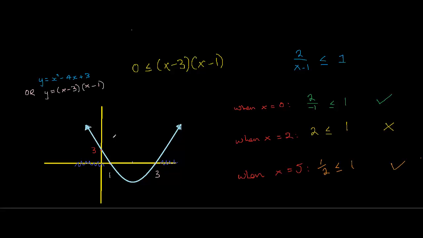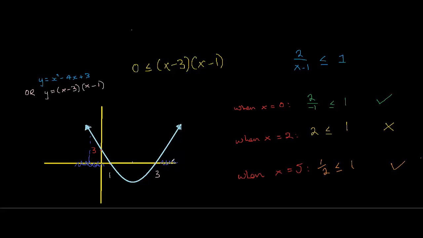Let me explain why. Because this y equals 0, or x-axis, represents 0, and this represents the graph, this parabola. So at this point here, 0 is less than the graph, or 0 is less than this function here, obviously because it's below it.